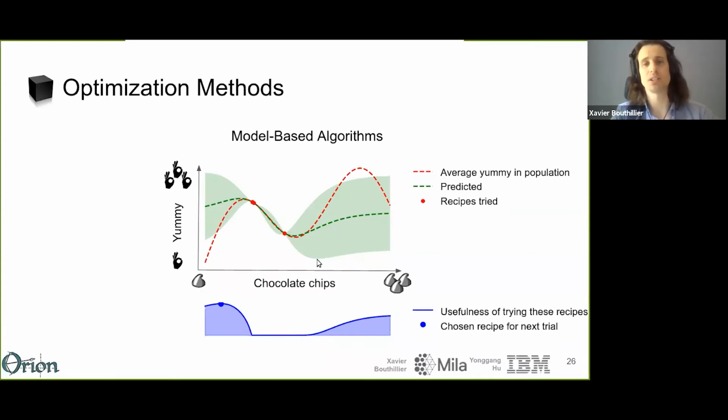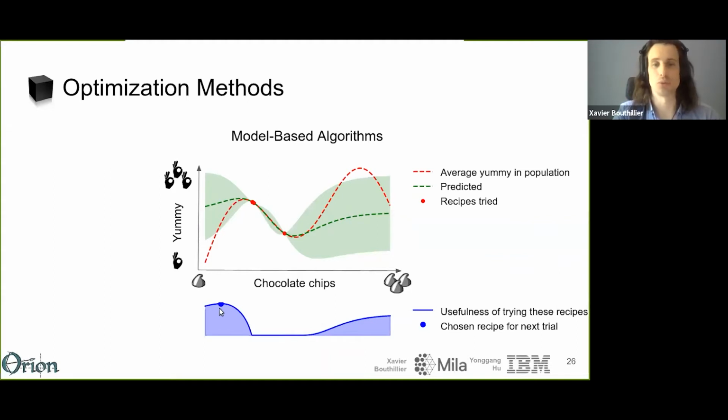And now based on this, we compute, say, the usefulness of trying a new recipe, which is represented here in blue. So that means, for instance, for this amount of chocolate chips here, it would not be useful to try it again because the model is pretty certain and we know it's a bad value. It's not a good recipe. But here, for instance, we have a lot of uncertainty and the model seems to predict that would be a good recipe.